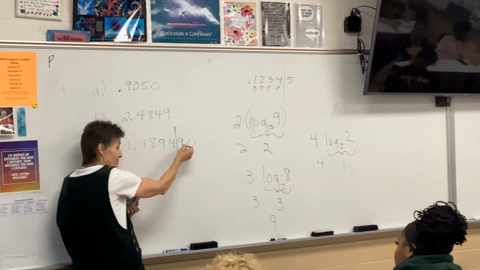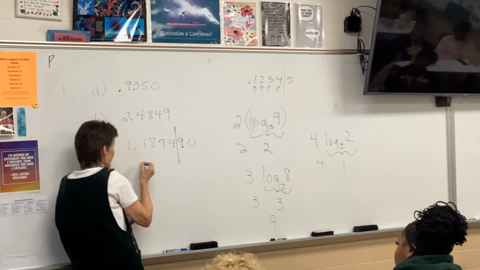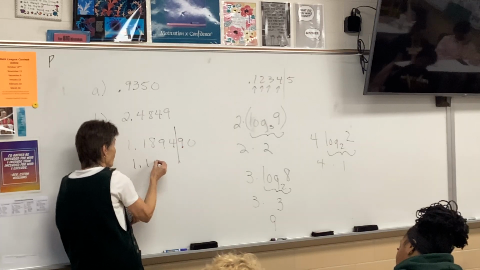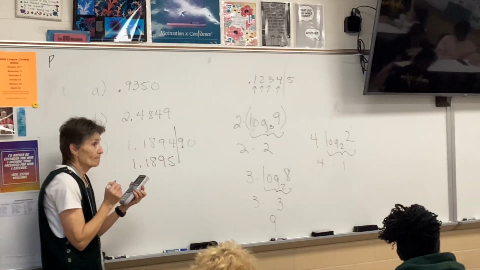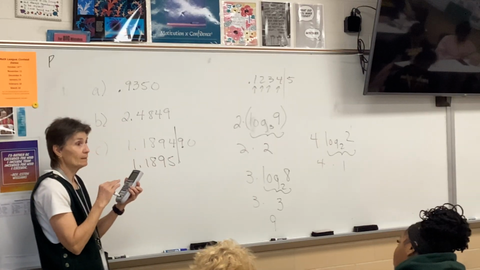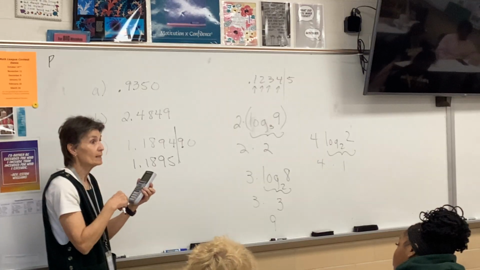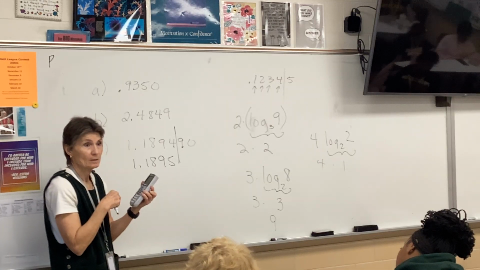So I'm going to round up, and my answer is 1.1895. No skill here, we're just typing it in and writing it down.